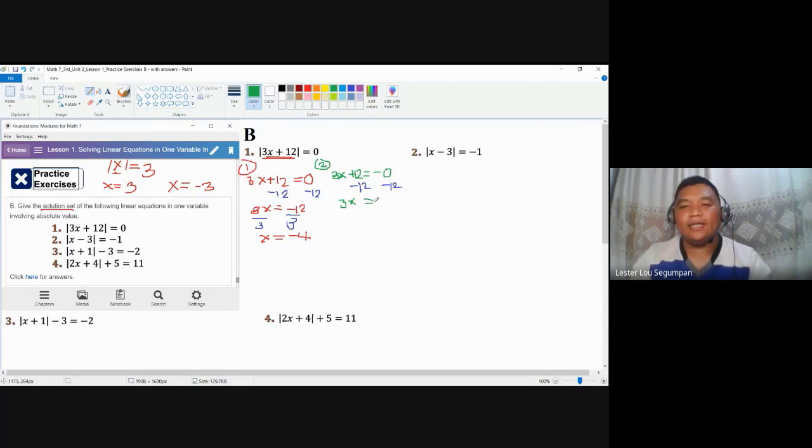On the other side, again, just by letting the sign for 0 be negative, even if there's no such thing as negative 0, when you combine that, it will still become negative 12, right? So it will still become negative 12. But as you can see, when we divide both sides by 3, you come up with the same value for our variable x, which is negative 4.